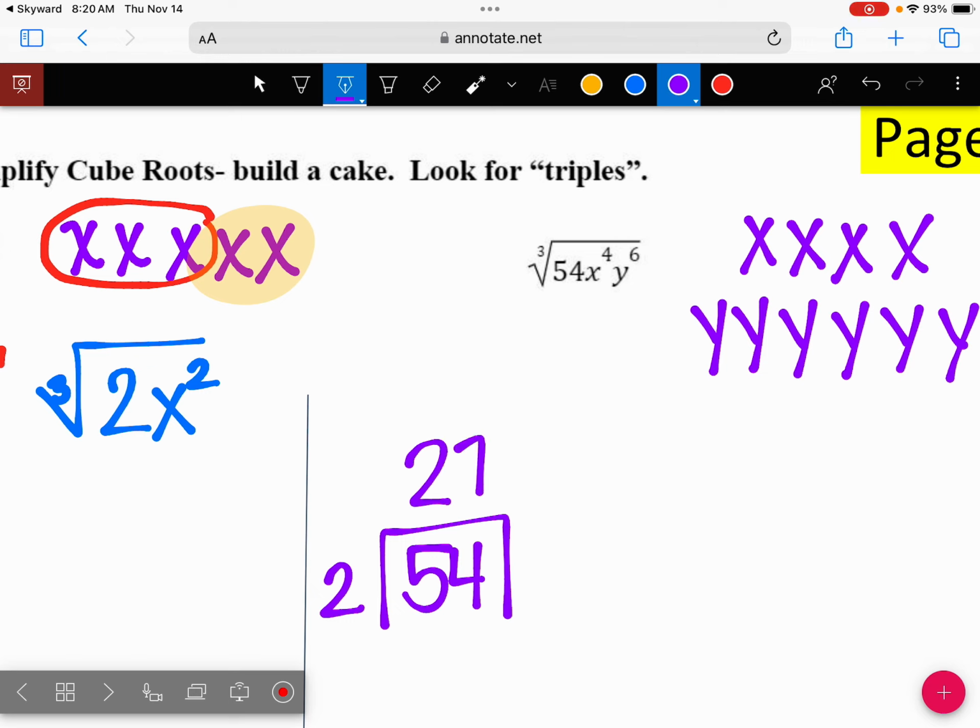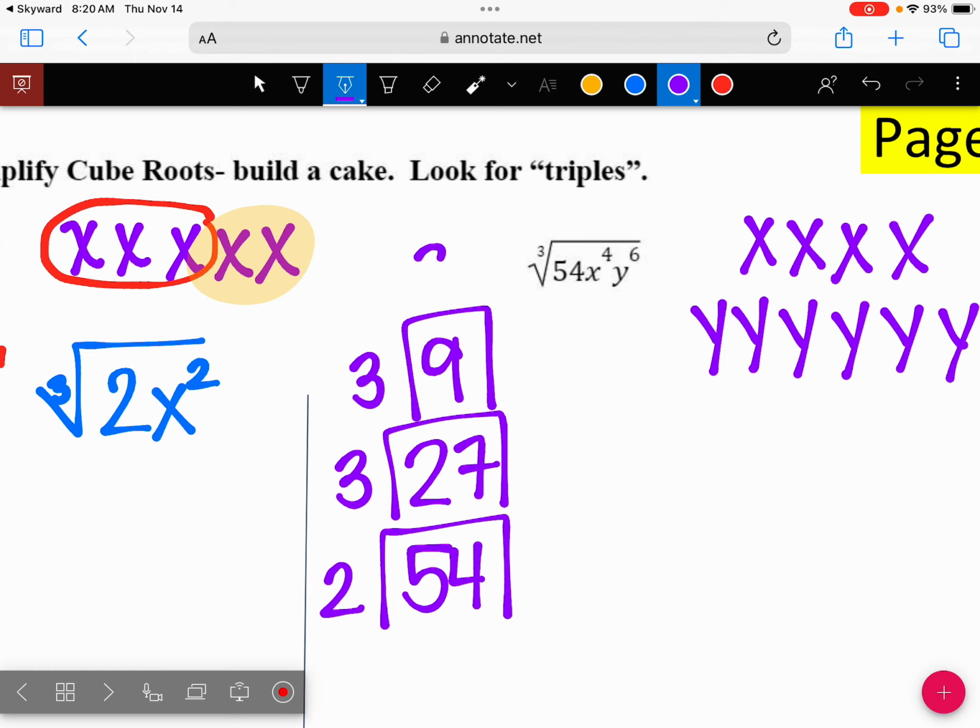Thank you, Danny. And now we can't divide 27 by 2, so now you're going to try 3. So take 27, divide that by 3. Get a 9. Try to divide 9 by 3 again. So you're going to keep using 3, and when you can't use 3 anymore, then you move to the next number. But I think we can use 3 to get to the top, because 3 goes into 9 3 times, and 3 goes into 3 1 time.